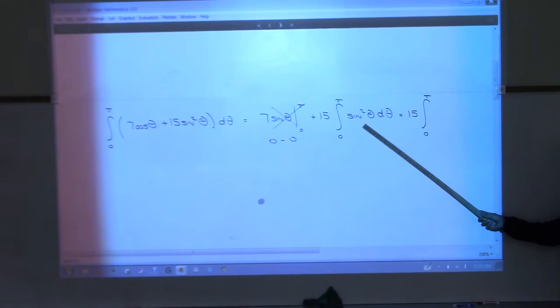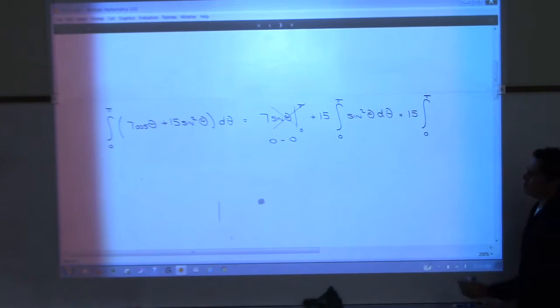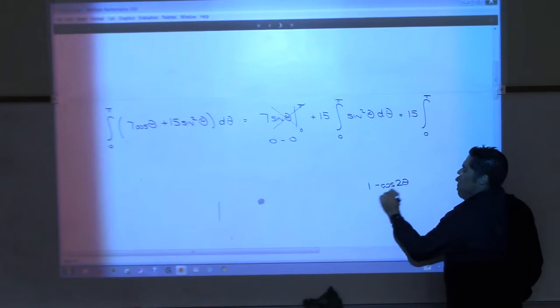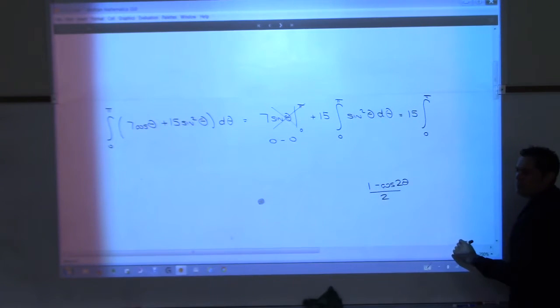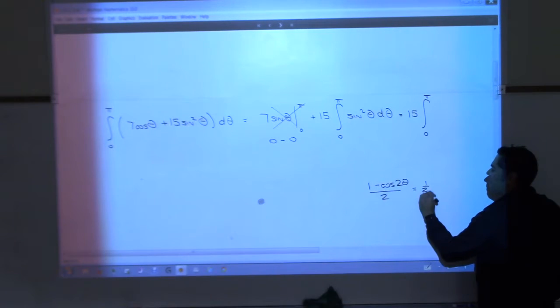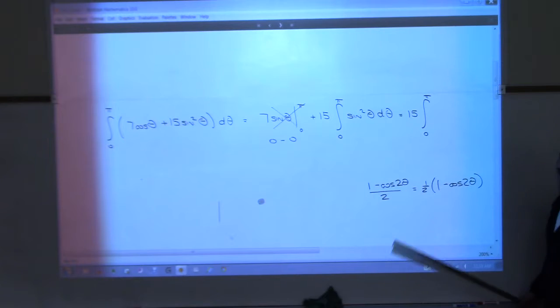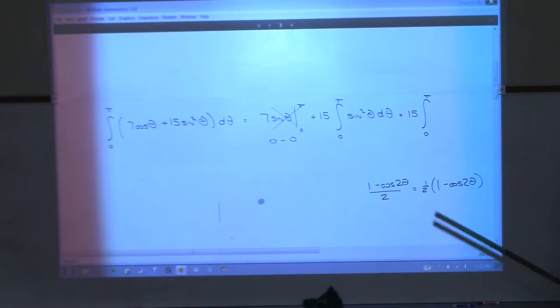It's 1 minus cosine 2 theta over 2, or you could write this as 1/2 times 1 minus cosine 2 theta. This is our power reducing formula. I actually taught that last week in pre-cal. I was like, y'all better remember this. You need it in Cal 2. You need it in Cal 3. So that's our power reducing formula.